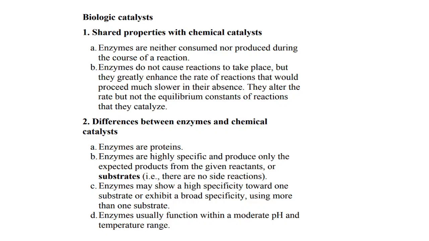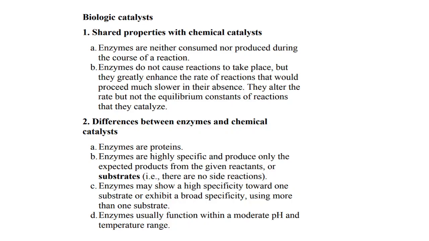However, since it's a biological catalyst, it should have certain differences from the chemical catalyst. One of which is that enzymes are proteins, they are biological catalysts, and they take place mostly inside the cells, or in vitro, whereas chemical substances have to be provided from outside.